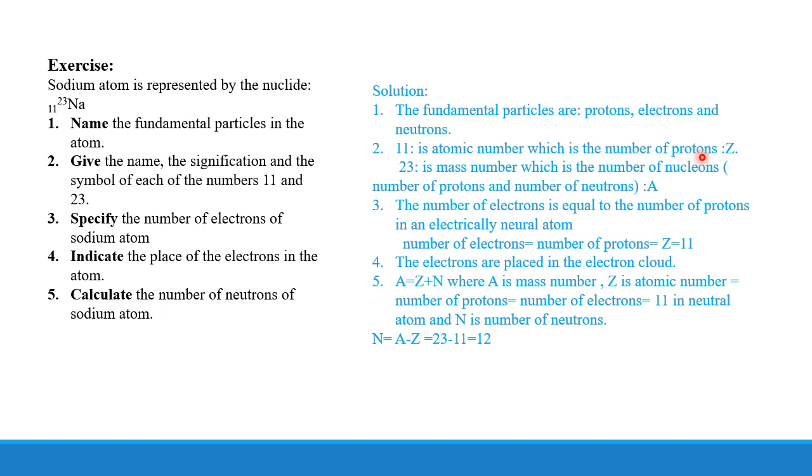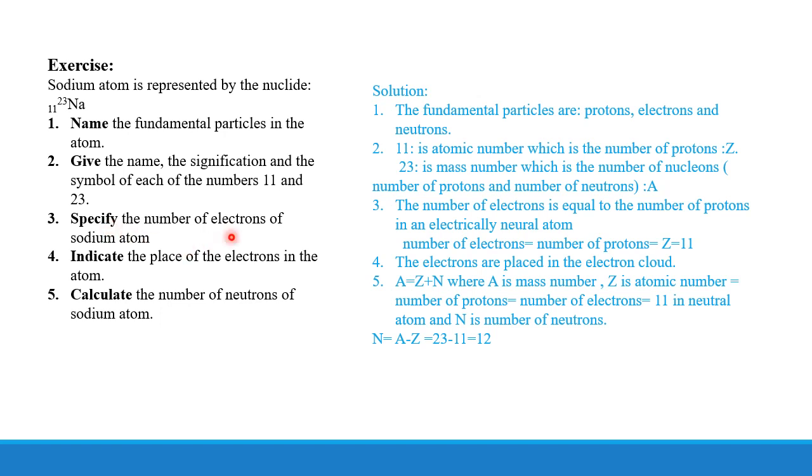This is the signification. And its symbol is Z. Whereas 23 is the mass number, which is the number of nucleons. Number of nucleons is number of protons and number of neutrons. Its symbol is A.